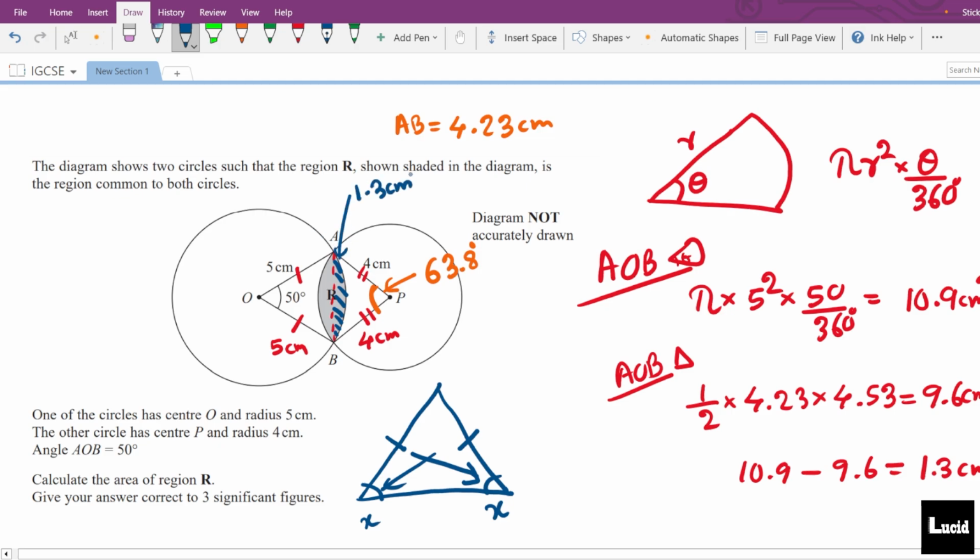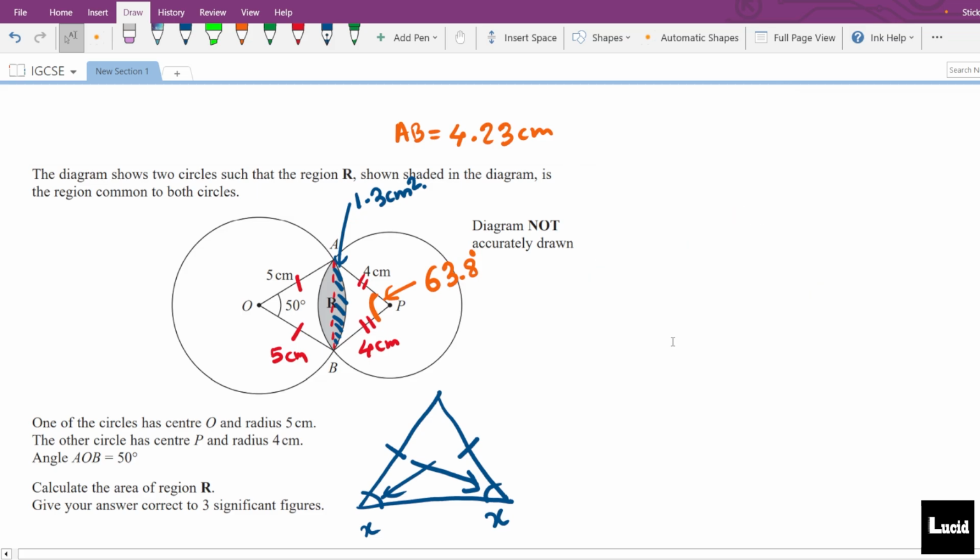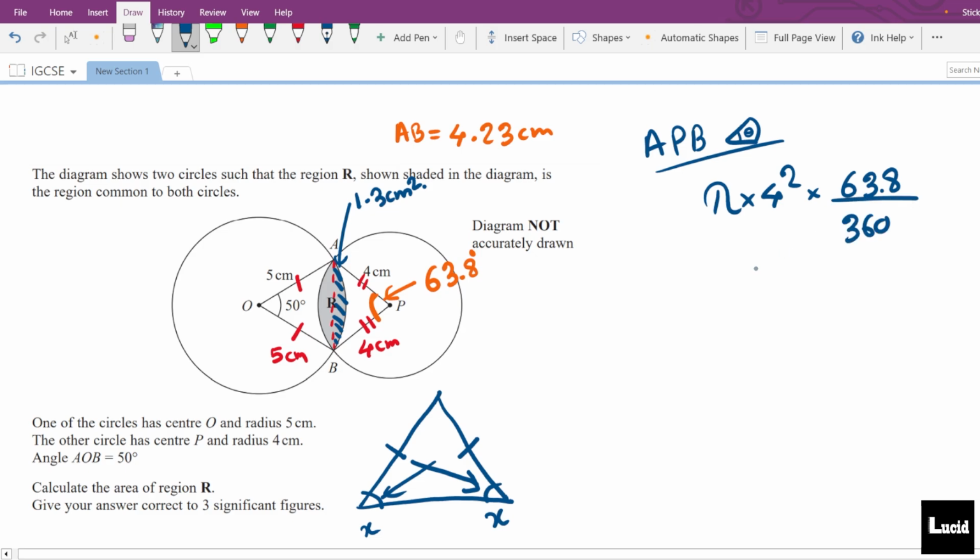Then let's find the other side. You have to use the same method, so I'll quickly do that. For the APB sector, pi r squared into the angle, 63.8 divided by 360, the answer would be 8.91.